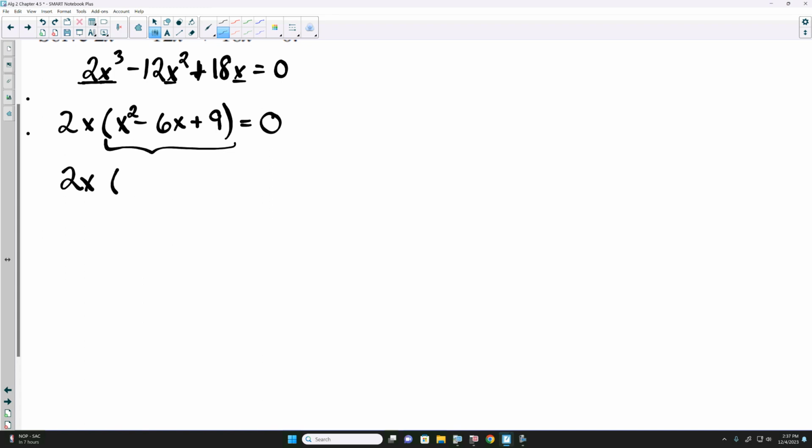And we can factor it. Two sets of parentheses equals 0. Now, interestingly enough, there is a way to check to see if a quadratic is factorable. And that's the square root of b squared minus 4ac.